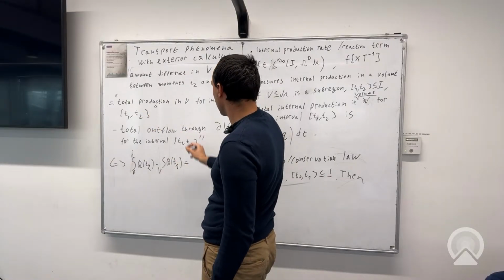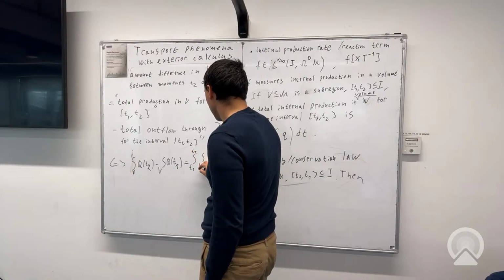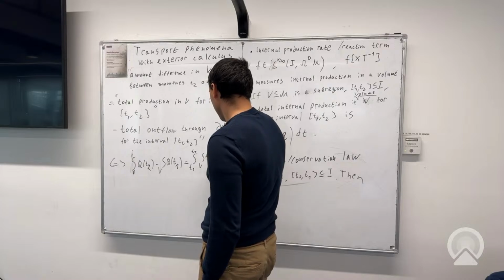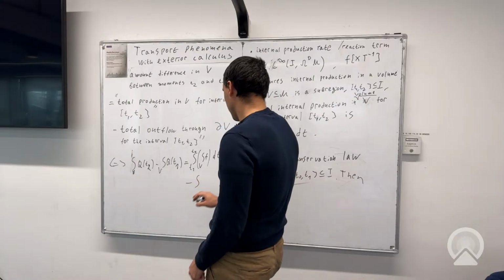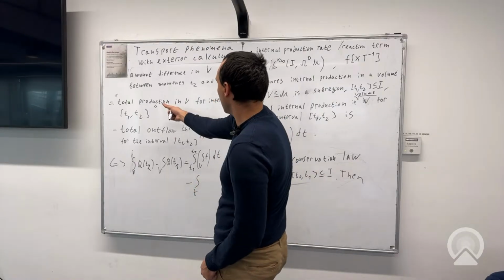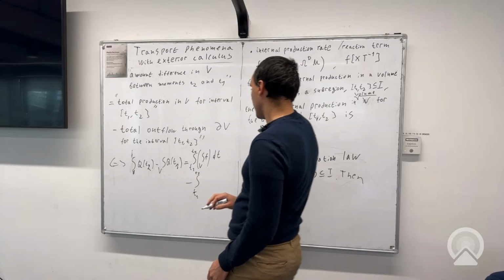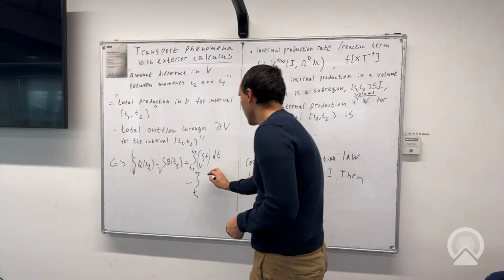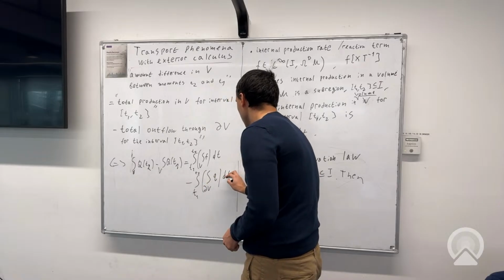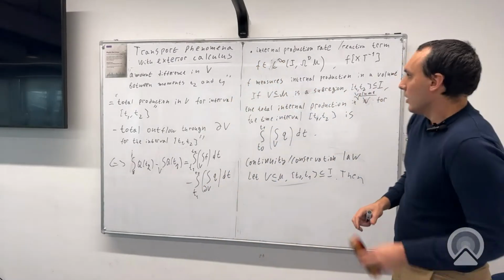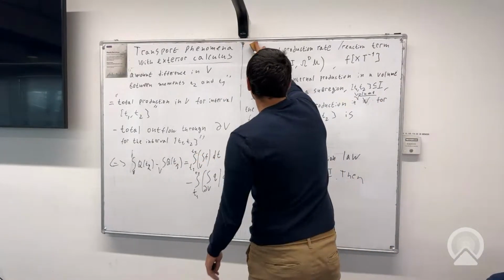The first term on the right is the integral over T0, T1 of F dt, minus the integral, so this is the total production, and the outflow is over T0, T1, and of the boundary of Q. And let's write this in integral form.